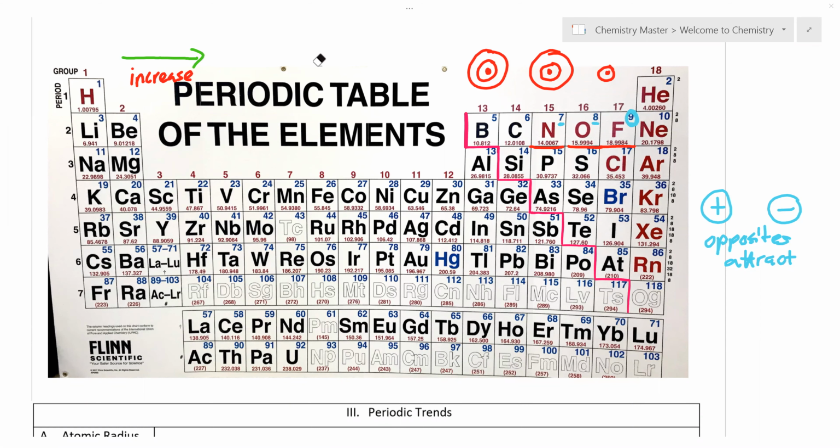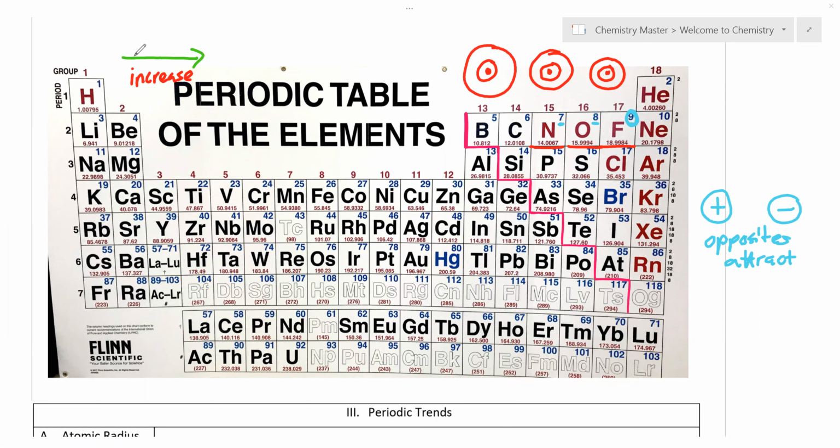It's still going to be two rings, but those electrons on those rings are going to be even closer because they are attracted to that nucleus. Which means nitrogen, who has the least number of protons, his ring may seem to be just a little bit further out, just the tiniest bit bigger.